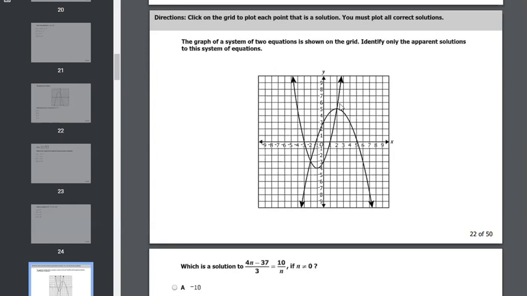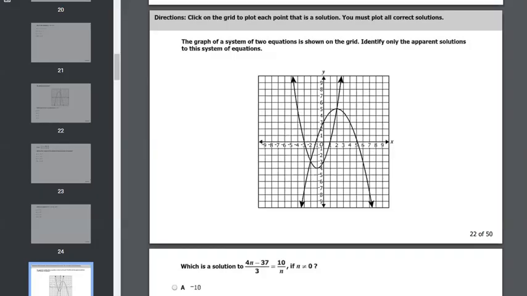So let's get the positive solution first. Up here, my x value is 2. My y value is 5. So that's going to be 2 comma 5. That would be my first ordered pair where they cross. My second ordered pair is going to be down here.